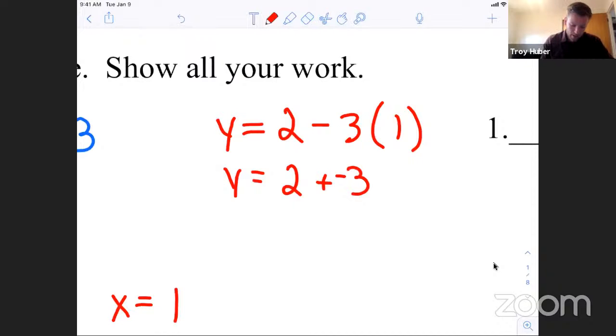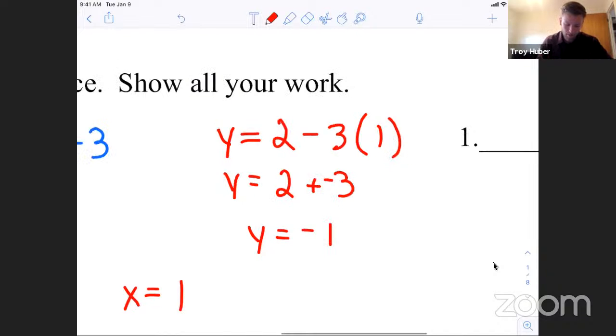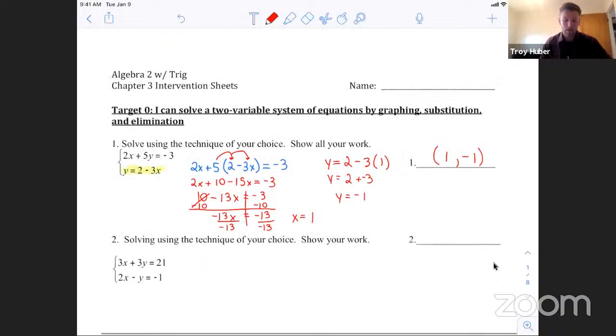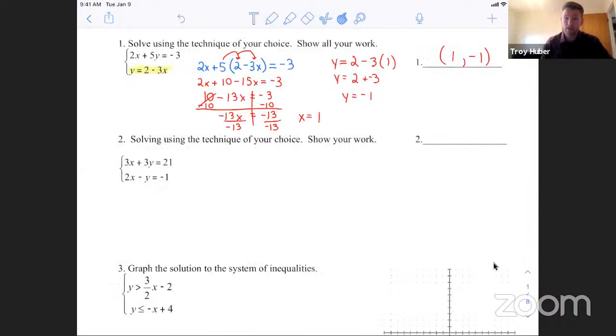So I get y is equal to negative 1. On this one, I got x is 1, y is negative 1. That would be using our substitution method.